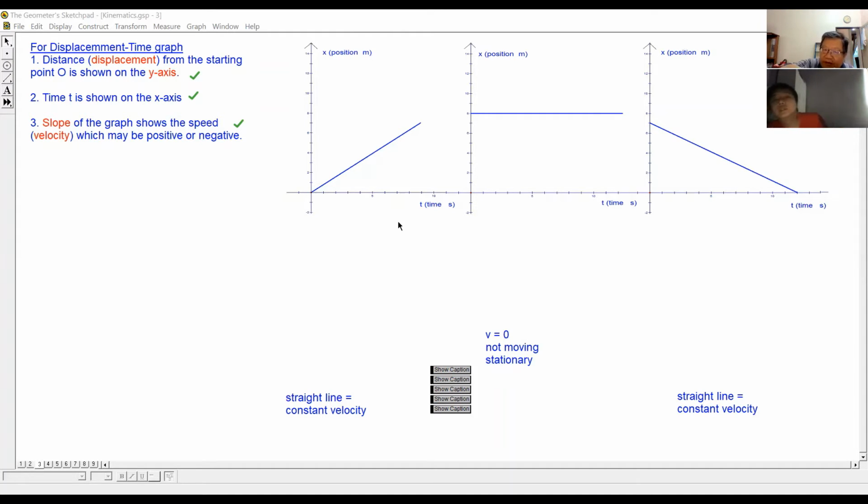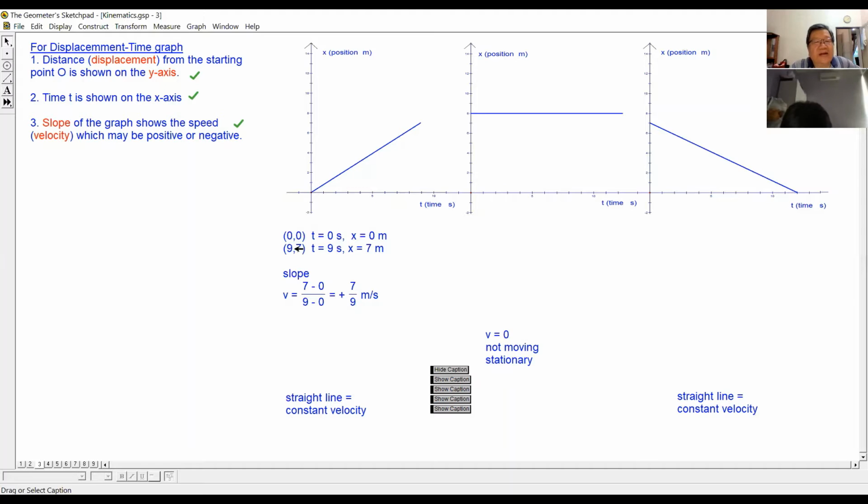So if it is a straight line like this, it means that as the time increases, the position also increases. What does this mean? Let's say I pick a point on the line, (0, 0). It means that when the time is 0, the position is 0.